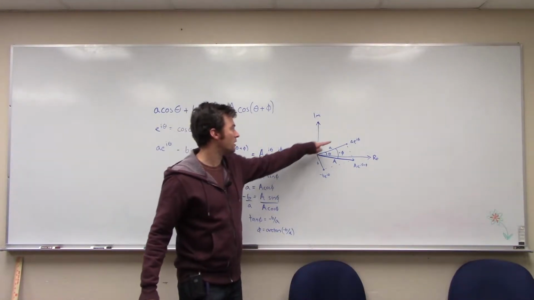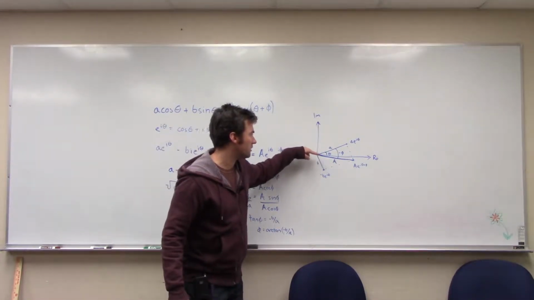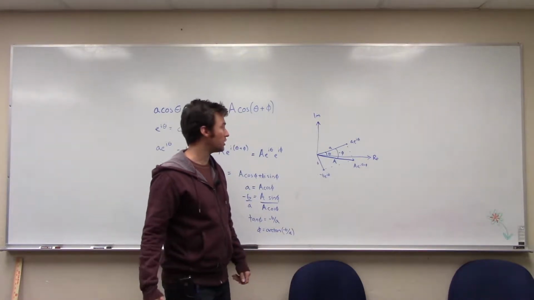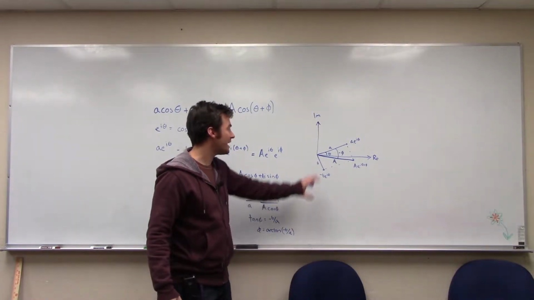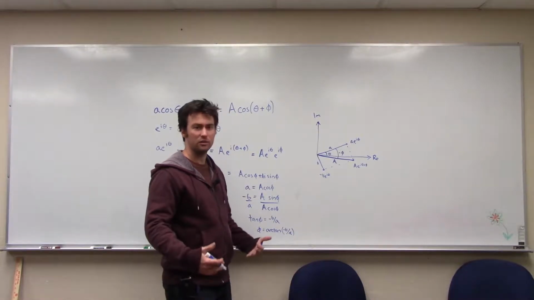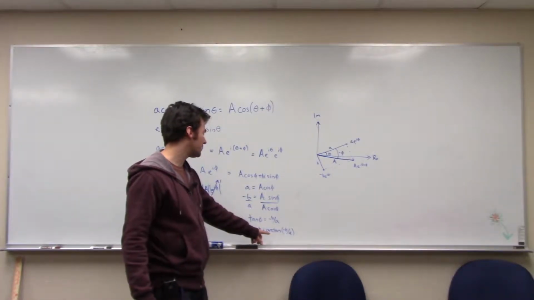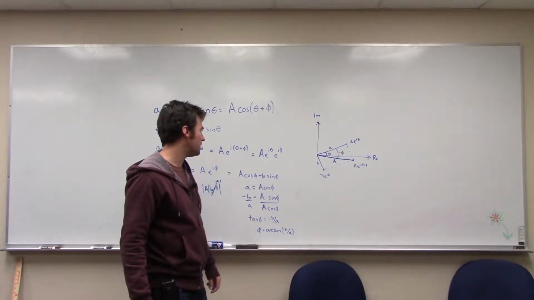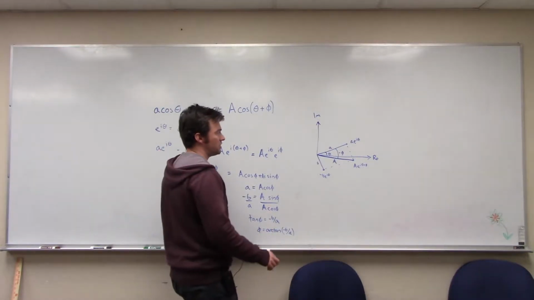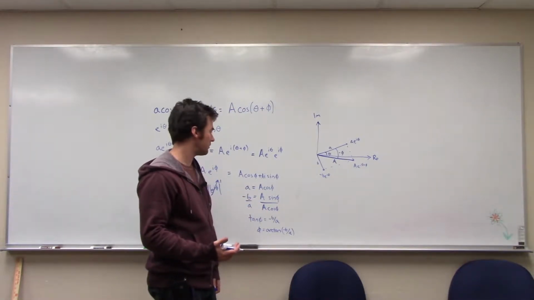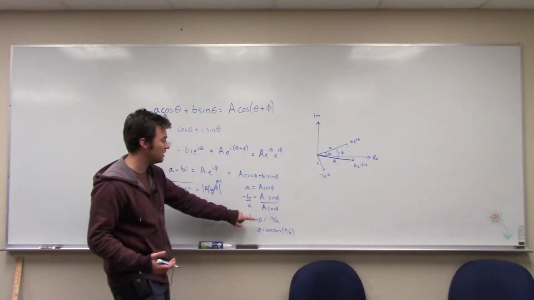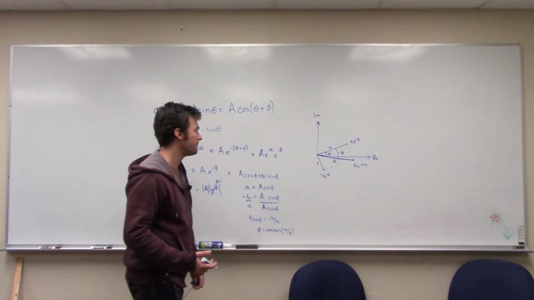The angle between the theta and the complex number A e to the i theta plus phi, that angle here is minus phi. And we're saying that the arctangent of that is negative B over A. The tangent is the sine over the cosine, right? Or let's look at this one. Tan of phi is negative B over A.